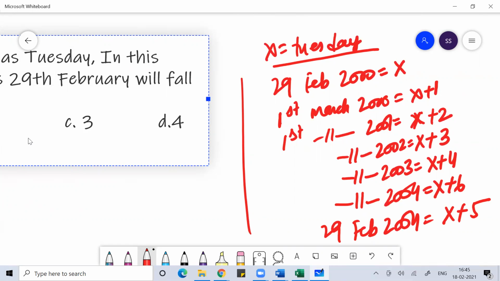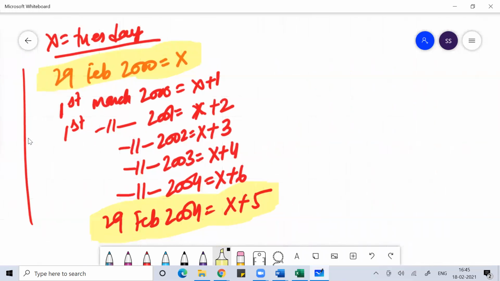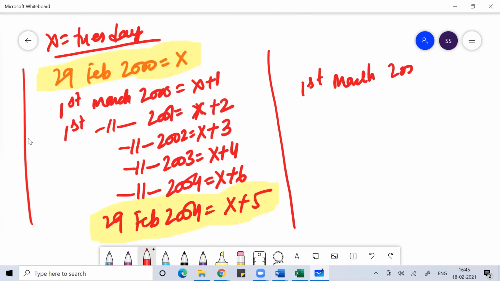So 29 Feb 2000 was x. Now 29 Feb 2004 is x plus 5. Now gradually I'll find 29 Feb 2008. 1st March 2004 is x plus 6.